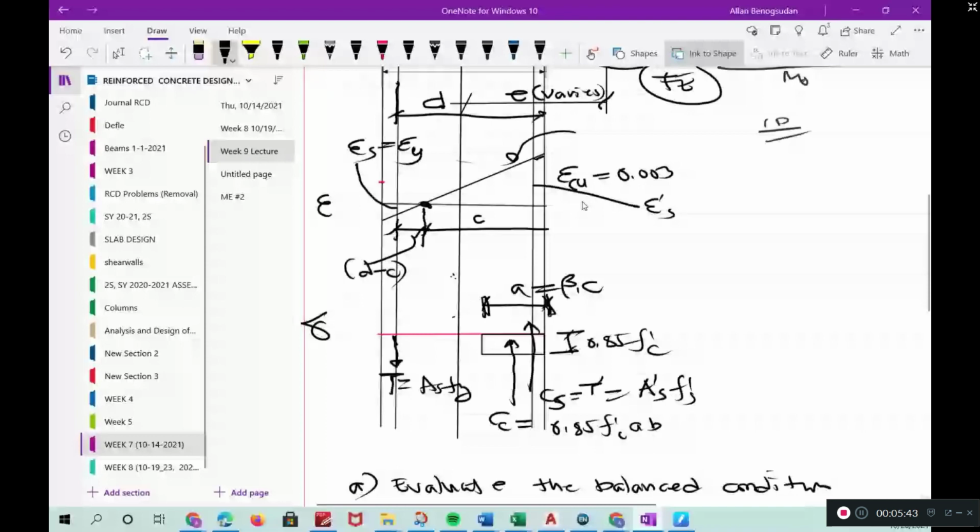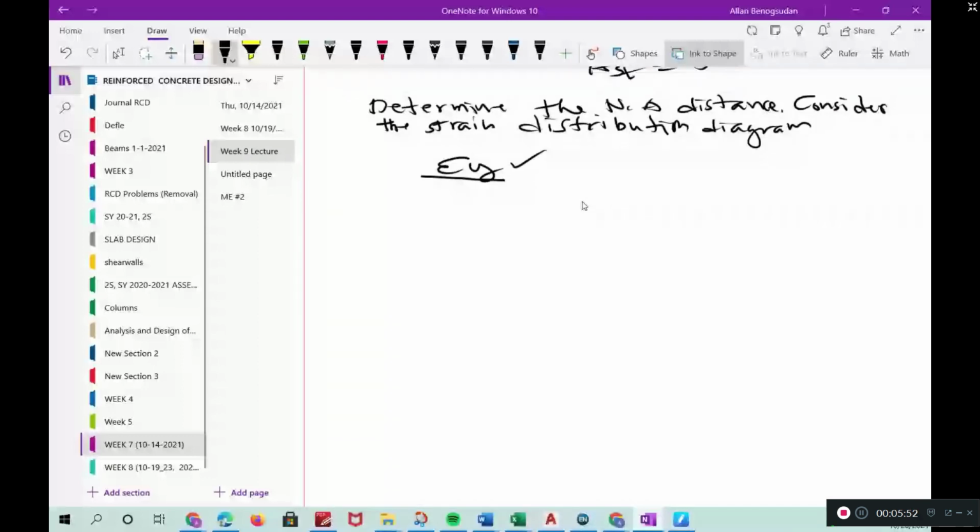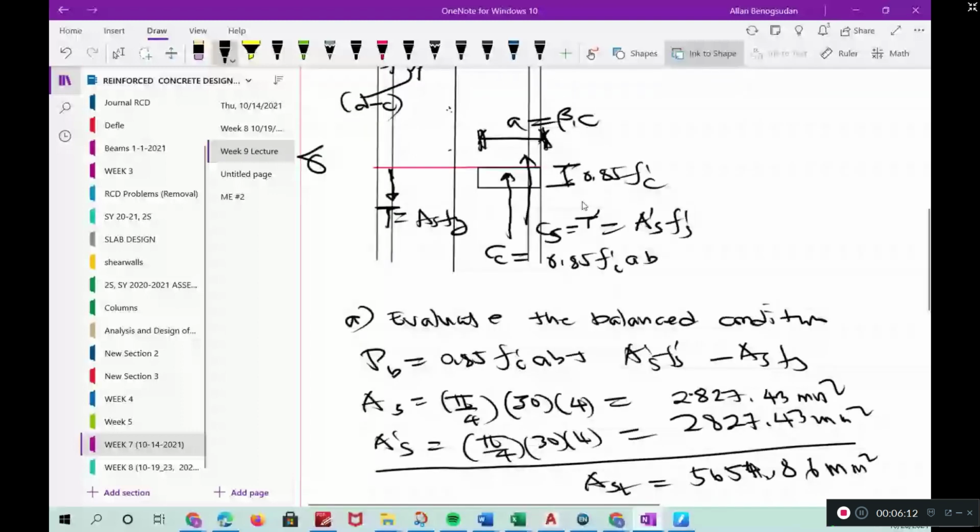Can I say C for concrete? Okay, let us put that one here. E sub Y is to D minus C as E sub U or E sub C for concrete is to C. It makes sense.